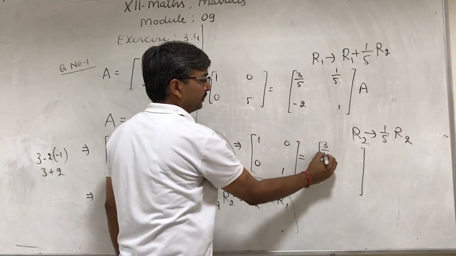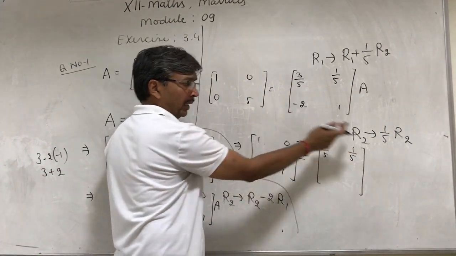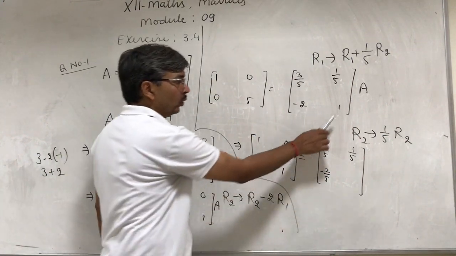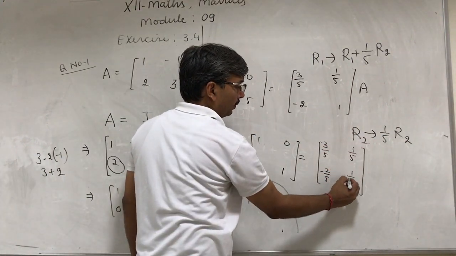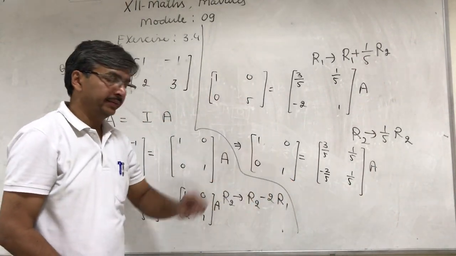R1 same, minus 2 into 1 upon 5, minus 2 upon 5, and 1 into 1 upon 5, 1 upon 5, into A, and this is I.